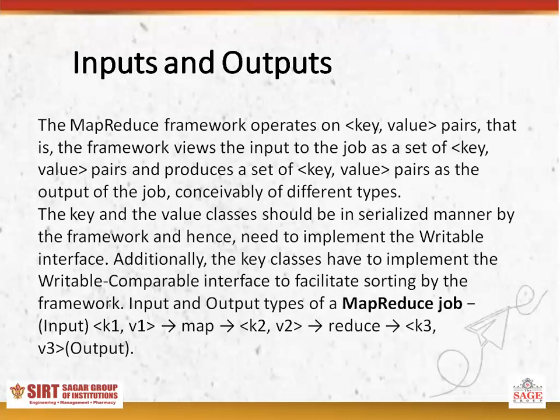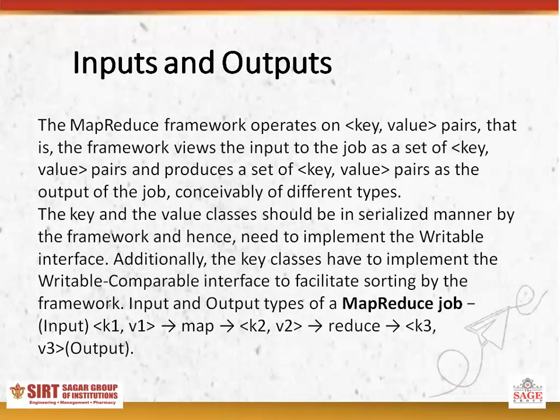The key and value classes should be serializable. The framework needs them to implement the Writable interface. So key classes have to implement the Writable and Comparable interfaces to facilitate sorting by the framework.